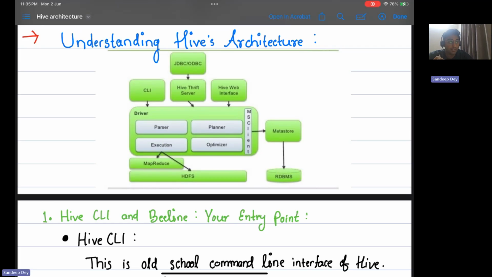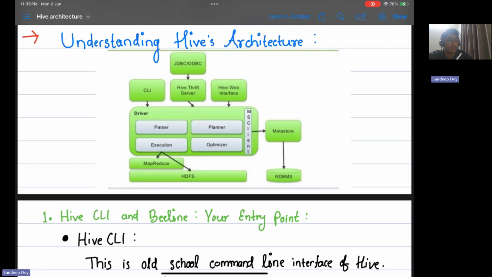Now execution. Finally, the optimized physical plan is executed. The optimizer gives you the optimized plan. Once you receive the optimized physical plan, this involves running the specific jobs to process the data.